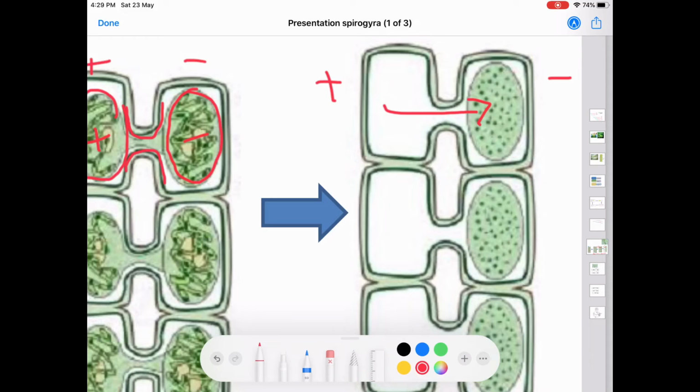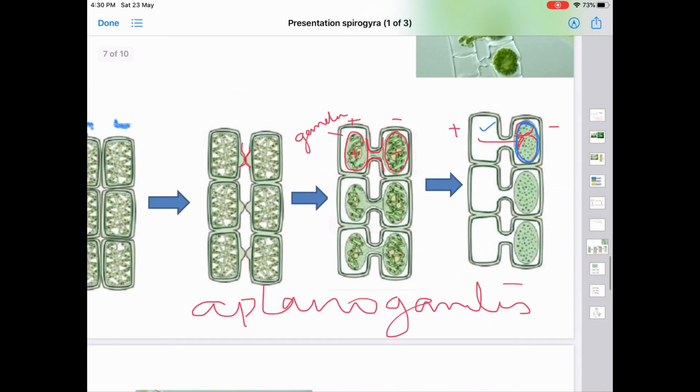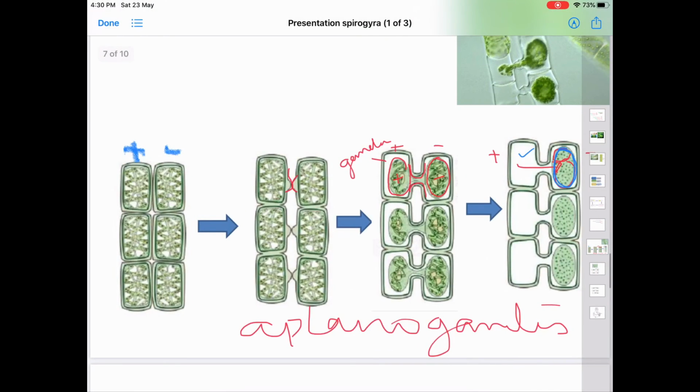The male gamete fuses with the female gamete, producing a diploid zygote. After the formation of the diploid zygote, the male gametangia will be empty. See this, the male gametangia is empty and the female gametangia is carrying the diploid zygote. This is happening in scalariform conjugation.